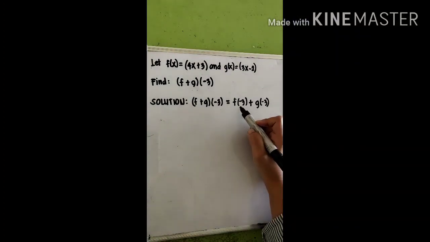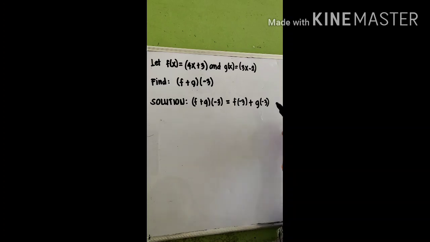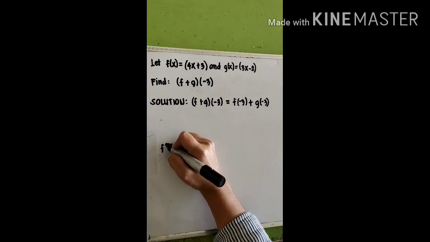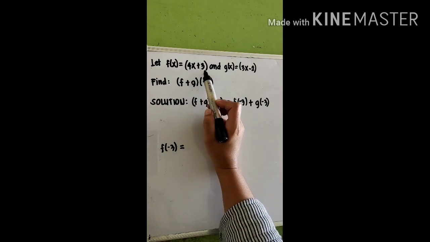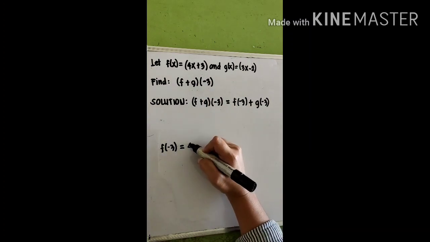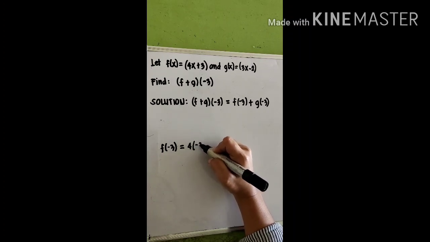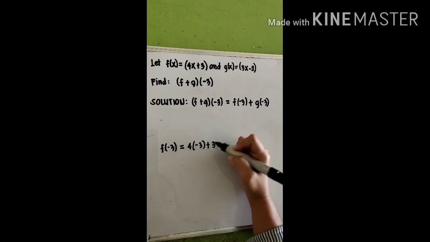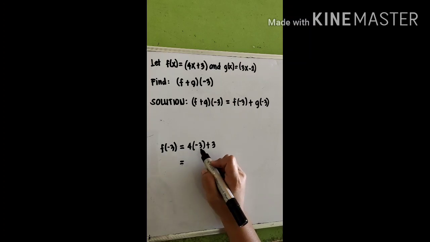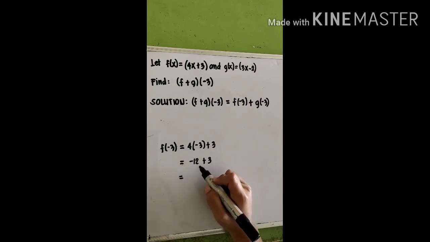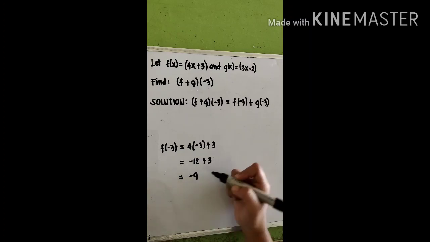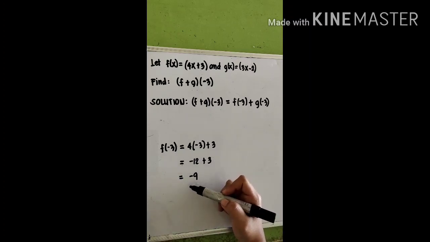To solve for this, we have to find first f(negative 3) and g(negative 3). So f(negative 3) is equal to, the given is 4x plus 3. This will become 4 times negative 3 plus 3. 4 times negative 3 is negative 12, and then plus 3. So negative 12 plus 3 is negative 9. So that is for f(negative 3).